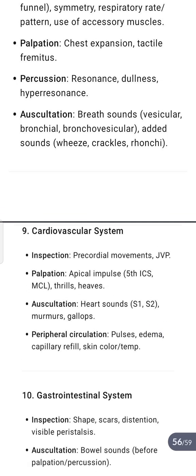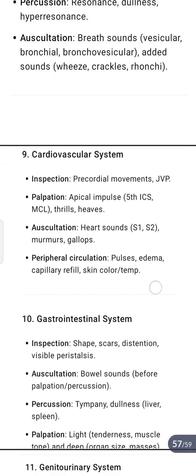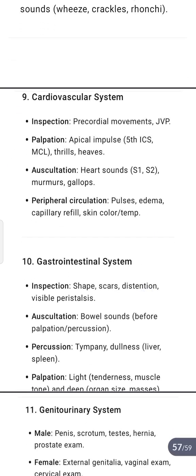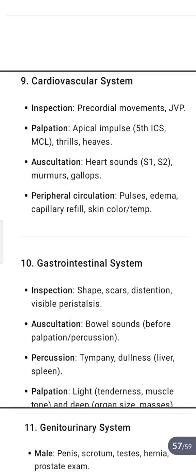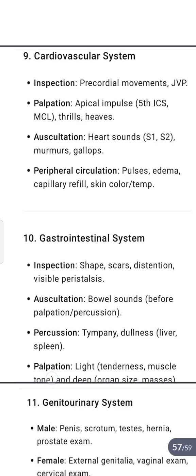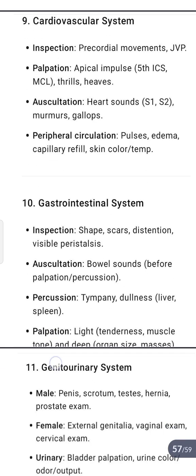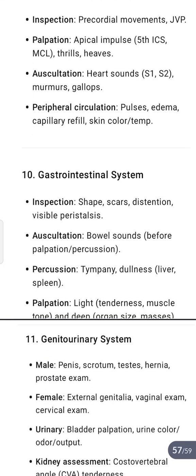In auscultation we see breath sounds, added sounds. Cardiovascular system inspection: we see pericardial movement, JVP. Palpation: apical pulse, fifth ICS, and thrills, heaves. Auscultation: we hear S1, S2, murmur and gallop sound. Peripheral: we see pulses, edema, capillary refill, skin color, temperature.